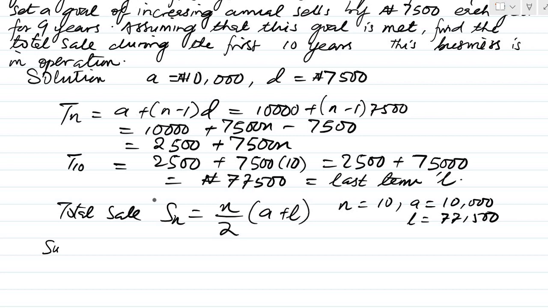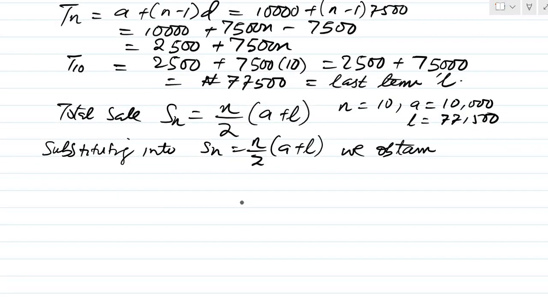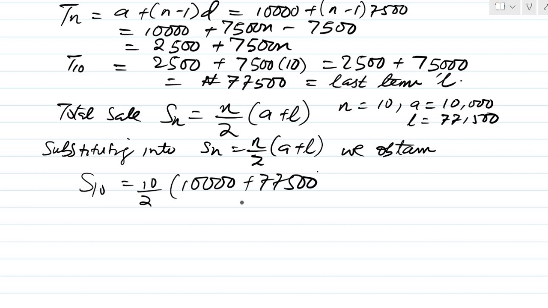Then substituting into Sn equals n over 2 into A plus L, we'll obtain that S10 will be equal to 10 over 2 bracket 10,000 plus 77,500, and this will give you 5 brackets 87,500, and that will give you 437,500 naira.